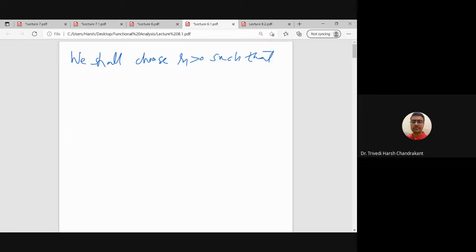So we choose it such that the closure of U(X1, R1) is contained in D1 intersection U(X naught, R naught).